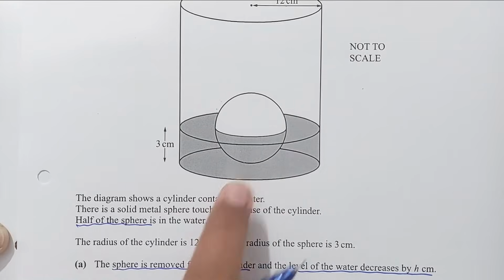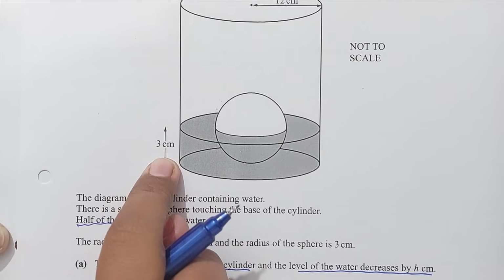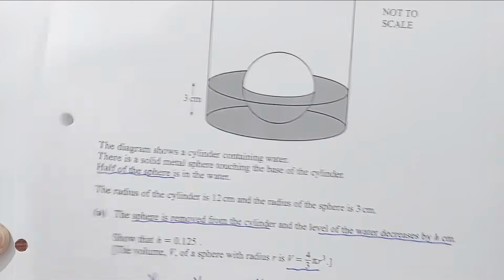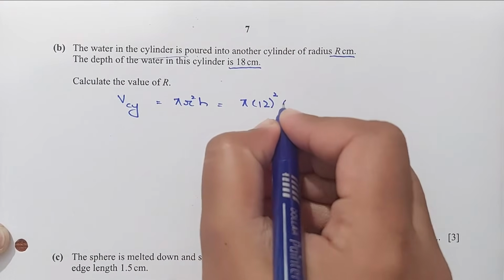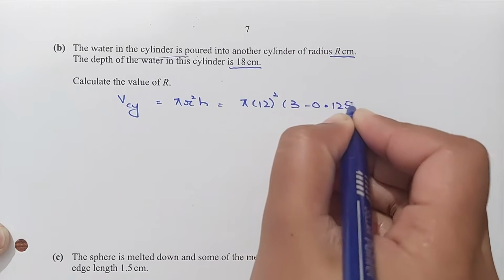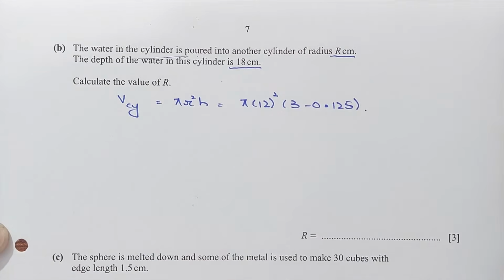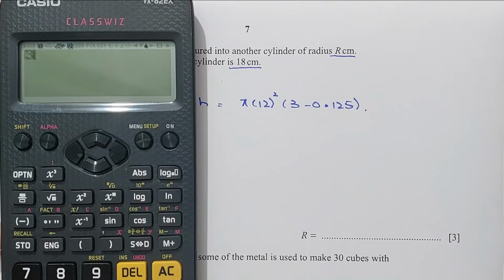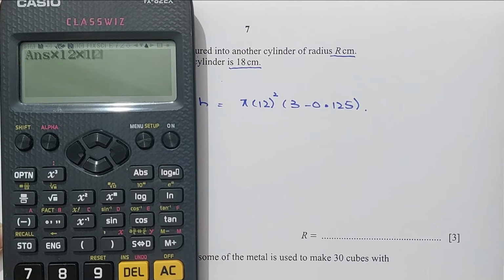when the sphere is removed, the height is 3, and now we subtract 0.125. That will be the height. So from 3 we have to take away 0.125. This is the volume of the old cylinder, right? So we have 3 take away 0.125, okay, times 12 times 12.